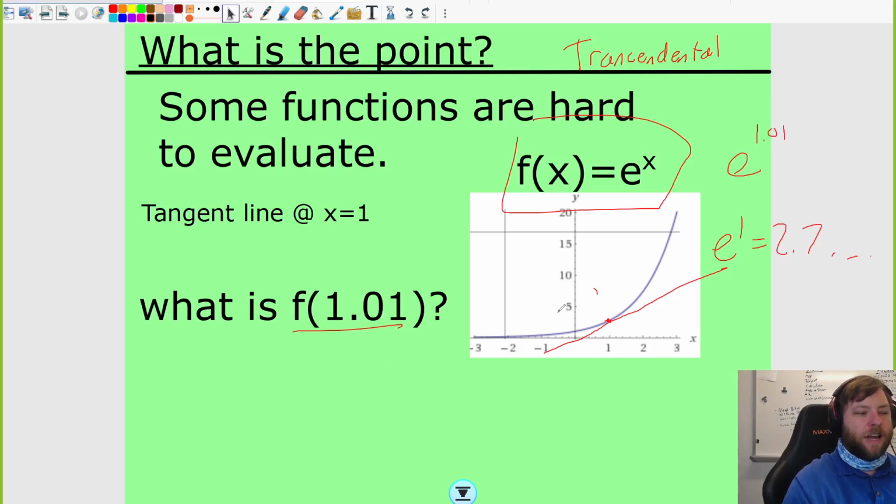What I can do instead is imagine I draw the equation for this tangent line, which is in y equals mx plus b form. And that's pretty easy to just plug in 1.01. You could do that on pen and paper. You can't plug in 1.01 to e to the x and do that on paper. And so this ends up, and you might be like, well, you have a computer anyway. Why would I need to do this?